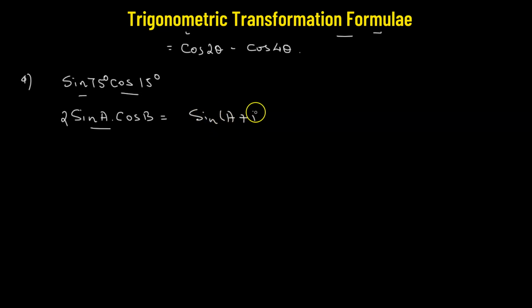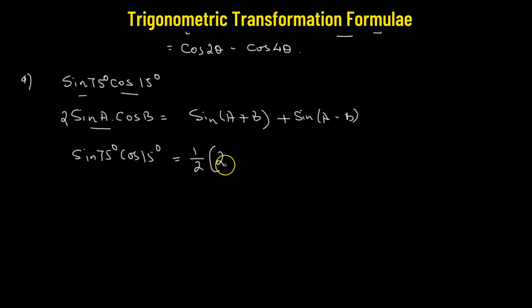So we get sine of A plus B added to sine of A minus B. Now in our case, we have sine 75 degrees times cosine 15 degrees. The 2 is missing here. That's fine. What we'll do is multiply by half and multiply with 2. So we get half of 2 times sine 75 degrees times cosine 15 degrees.